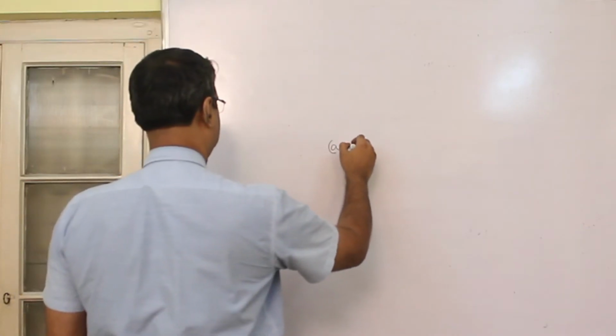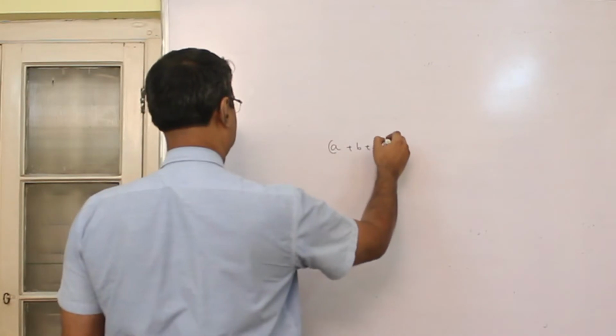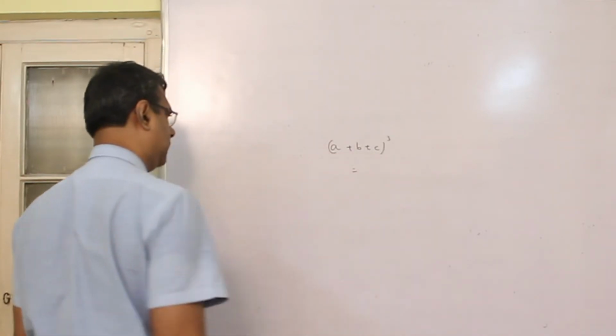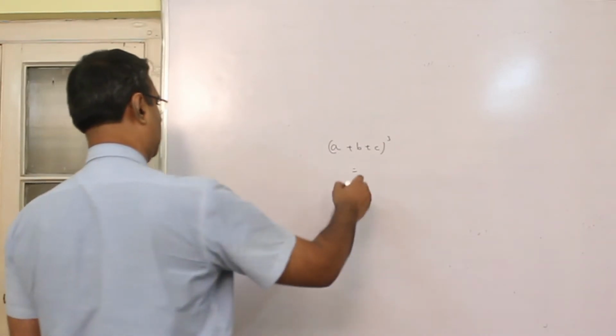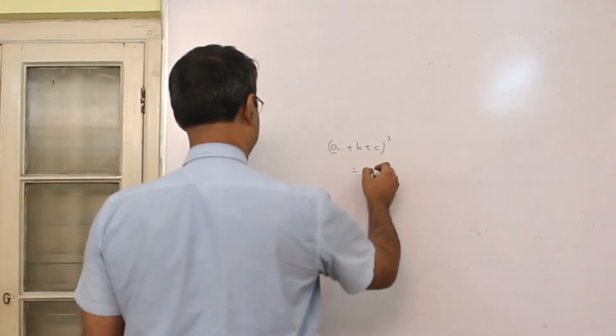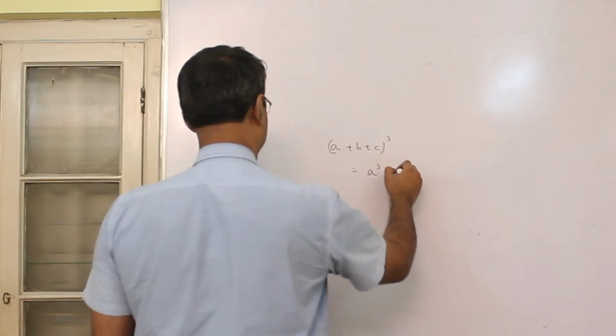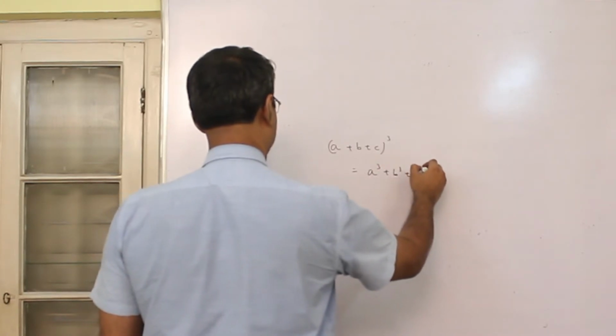There is another identity which is not used that often, but it is also an important identity, that is (a plus b plus c) whole cube.